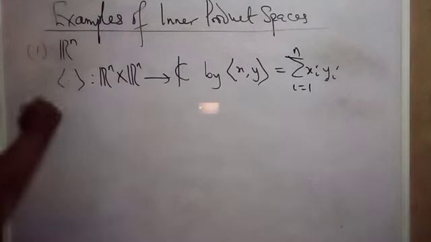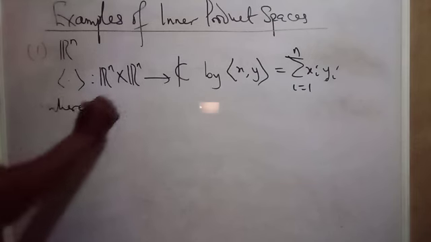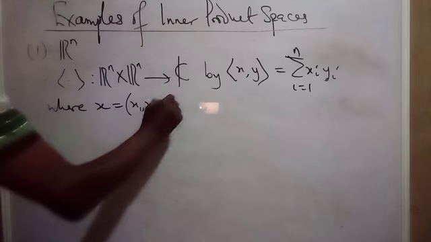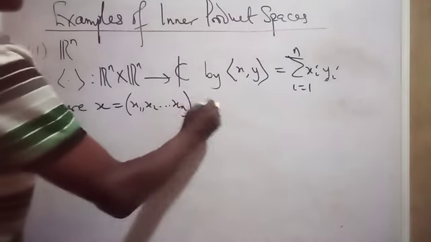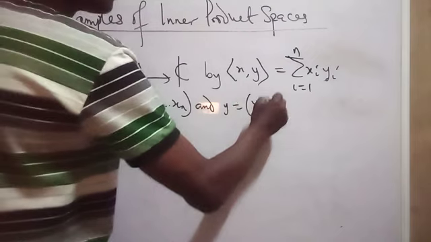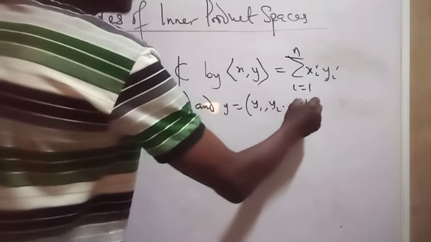Where x is equal to x1, x2 to xn, and y is equal to y1, y2, yn.